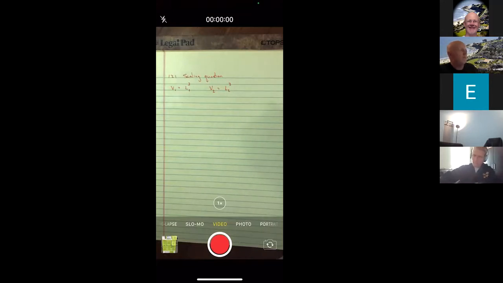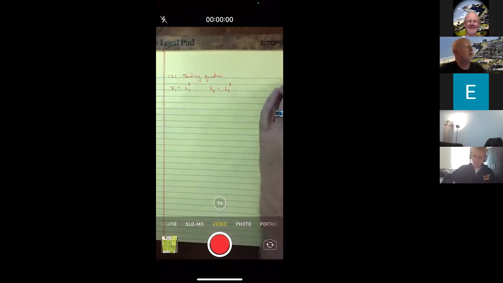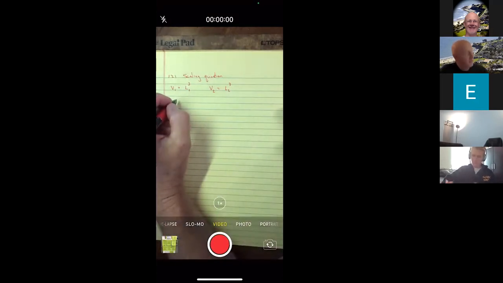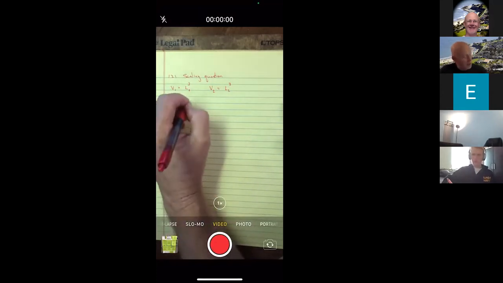He doesn't really say what the factor is, but he is trying to say that a scaling factor, this F sub L, is how much bigger L2 is compared to L1.